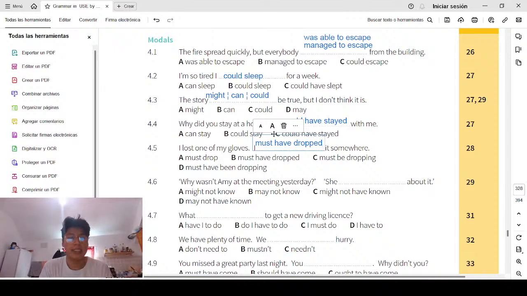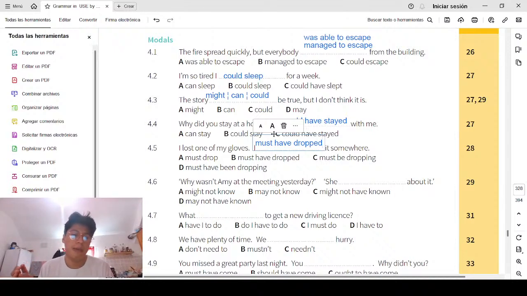So in that case, it's not possibility. It's more like we're supposing that something happened. We're assuming that something happened. In that case, must is more when you assume, when you deduce something, right? In this case, I lost one of my clothes. I must, right? I'm guessing something. I'm supposing something.